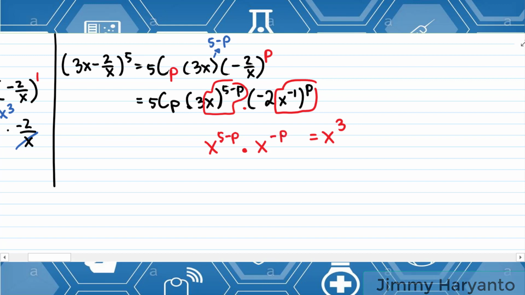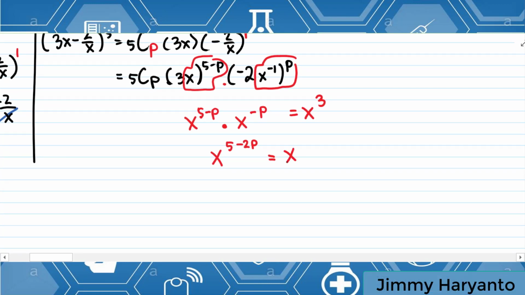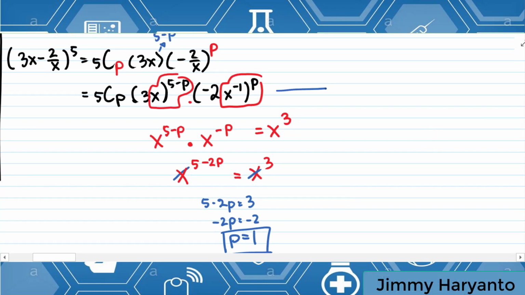If I combine it, it will be x to the power of 5 minus p minus p, minus 2p. Remember, when you multiply powers, you have to add them, equals 3. Okay, we can cross out the x because it's already the same. 5 minus 2p equals 3, so negative 2p equals negative 2, and then I will get p equals 1.